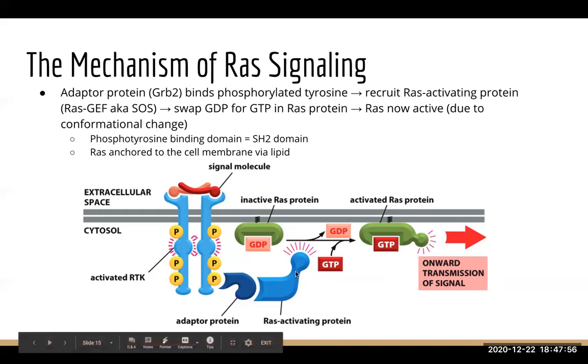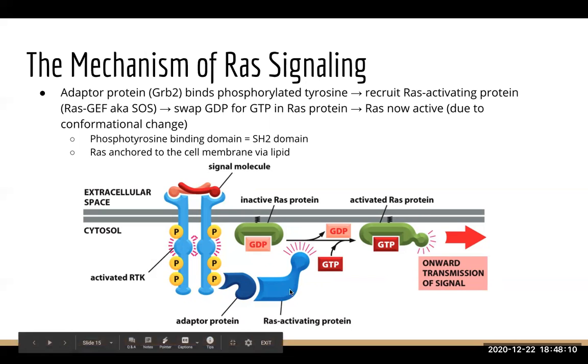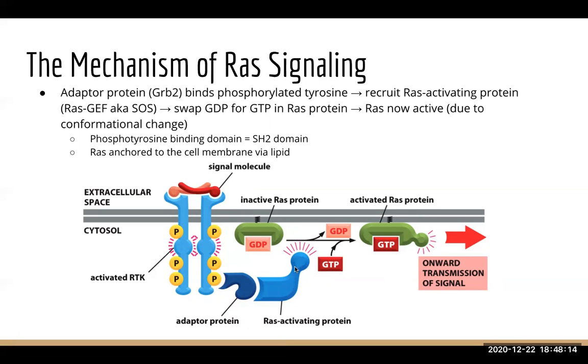So basically what this does is it binds to GRB2 after GRB2 binds to the RTK. And it binds to GRB2 through an SH3 domain that is located on GRB2. So SOS does not have an SH3 domain. It binds to GRB2's SH3 domain.